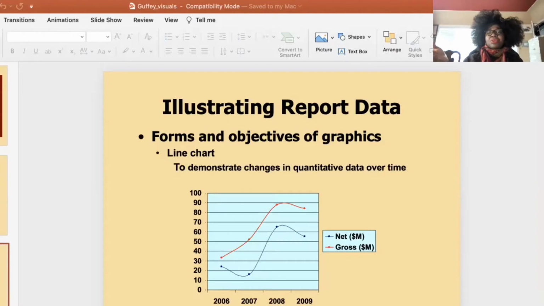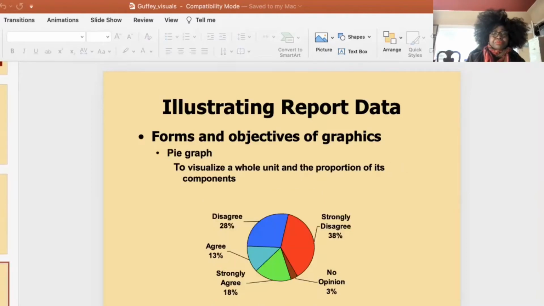Now, you may also want to show like a quantitative data change over time. And if that's the case, the line chart is the best thing to do, as you can see here, because that shows the changes very nicely. You may also want to do a pie chart.